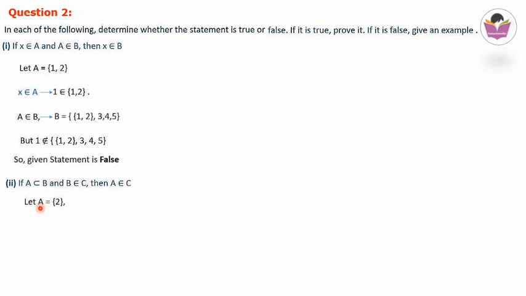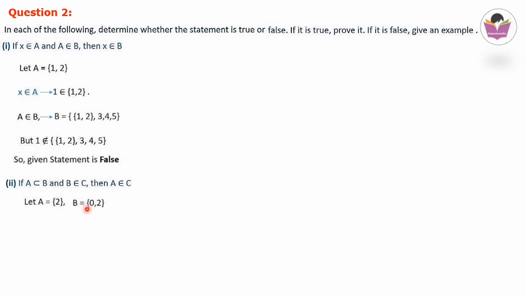Let's take, let A is equal to set 1, 2, a particular set. Here all capital letters we have used, means this capital letters representation means it is a set. A is a set, B is a set, and C is also a set. So here A I am taking a particular set of 2.